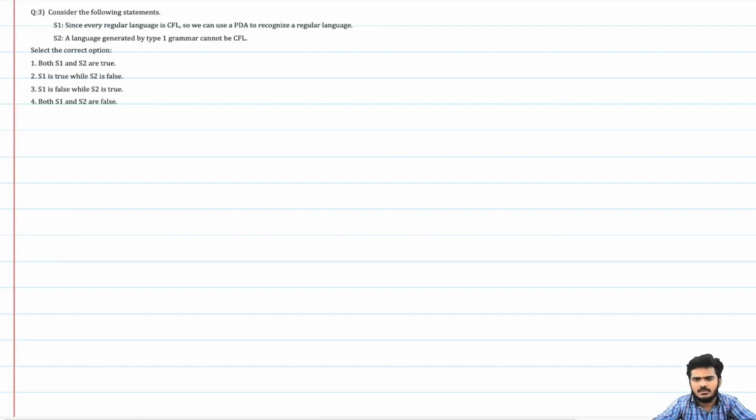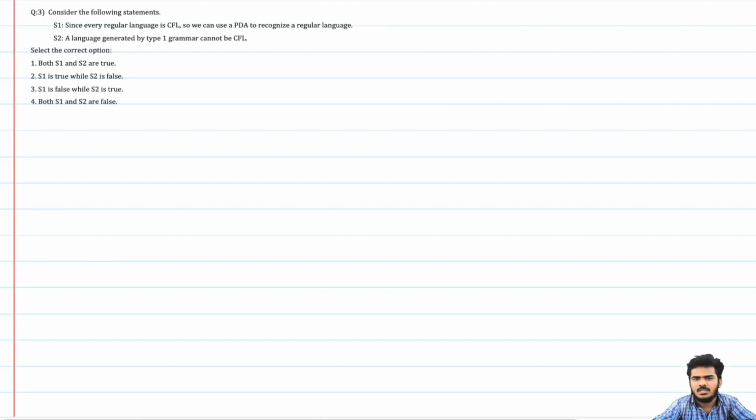Like context free grammar generates the regular languages, likewise, we can say that context sensitive grammar is also generating the context free languages. So statement 2 given is a language generated by type 1 grammar cannot be CFL, but it can be CFL.